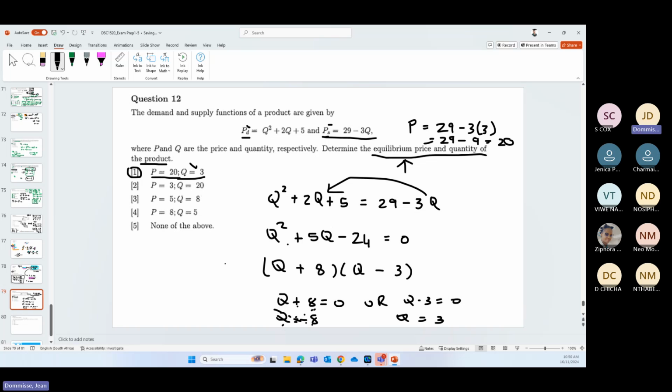If this was also positive, then they would give you the 2 points to say 20 and 3 and whatever. I'm now going to make up something, and 8. Okay, so then they would give you the price and quantity as 2 points if there was a second one. They're not then only going to give you one of the options.